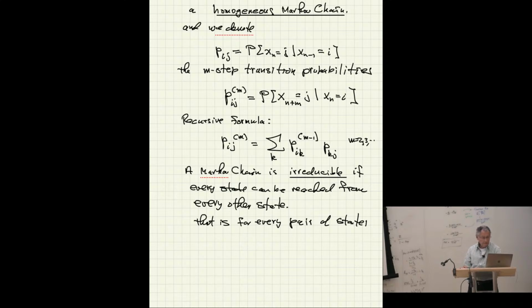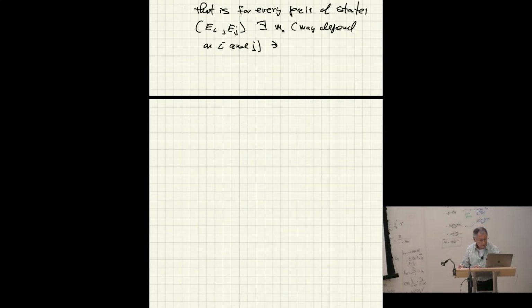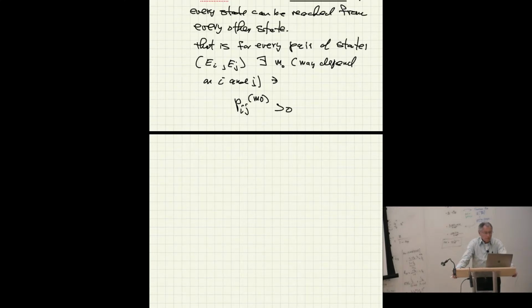For every pair of states, let's call those two states E_i and E_j, for example, that's a pair, there exists a number M0, which may depend upon i and j, such that p_ij of M0 is greater than 0, which means you can get from i to j with some number of steps.